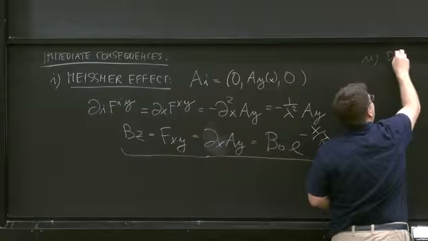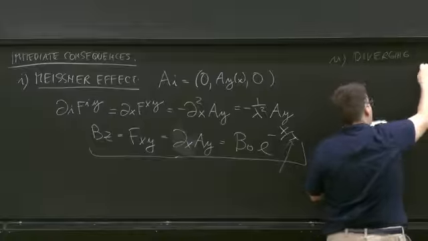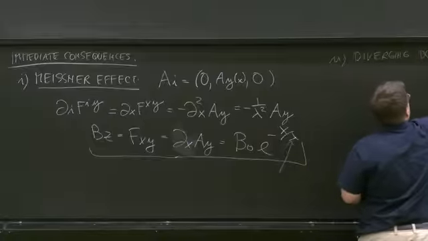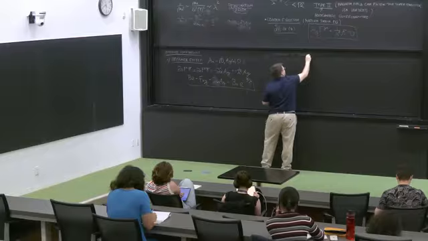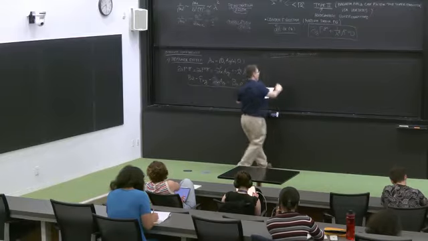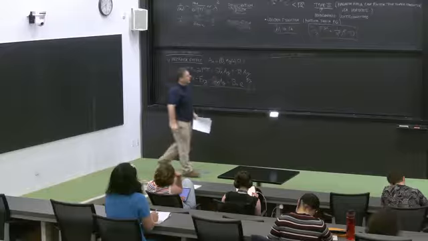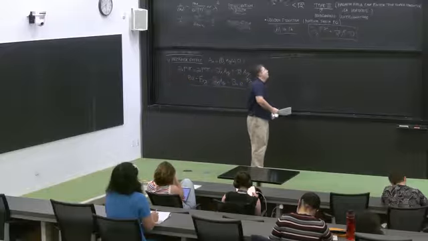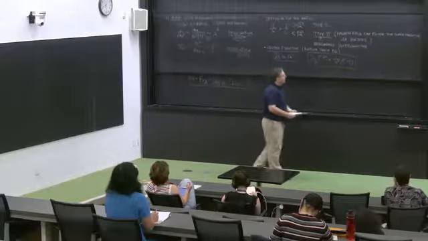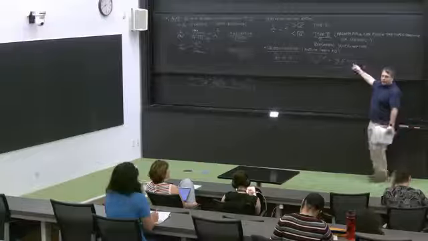The second is the diverging DC conductivity. So how would we do that? When I look at this equation here, this is like a massive vector equation, there's no current here.